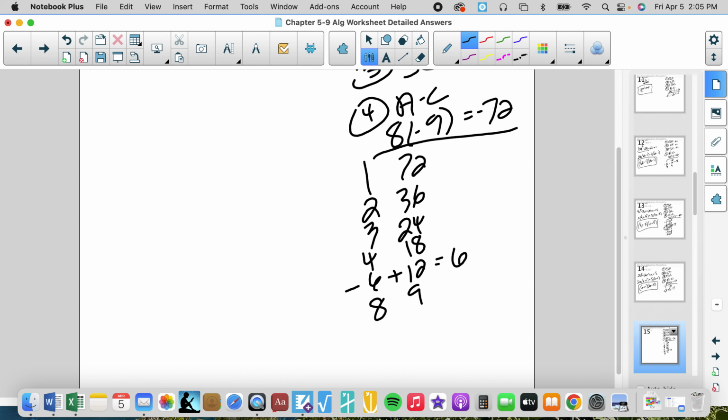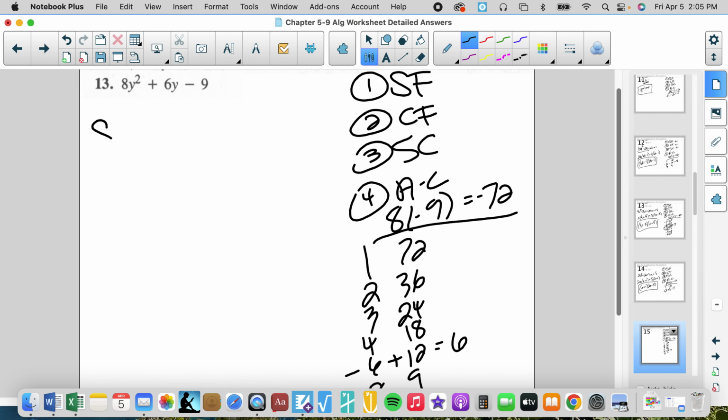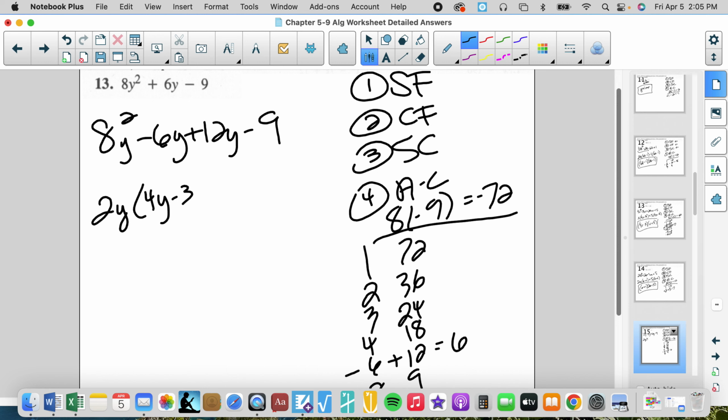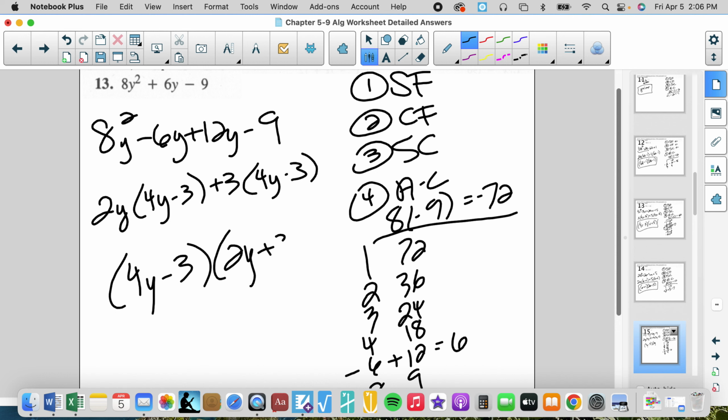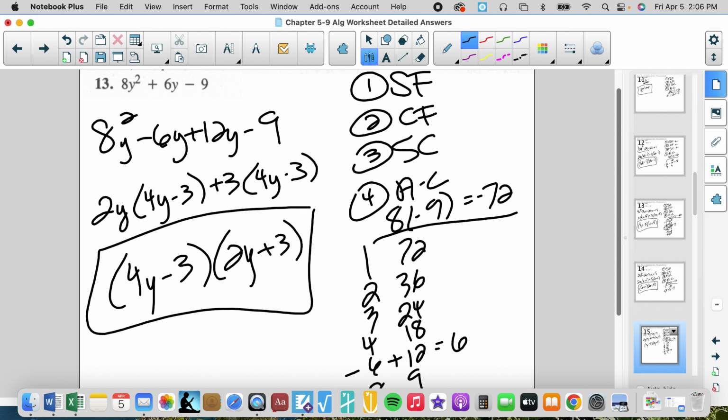That makes 6. So we got 8y squared minus 6y plus 12y minus 9. Let's factor out a 2y, which gives us 4y minus 3. Let's factor out a 3, which gives us 4y minus 3. 4y minus 3 pulled out leaves us with 2y plus 3.